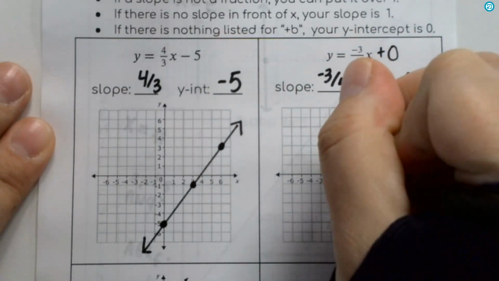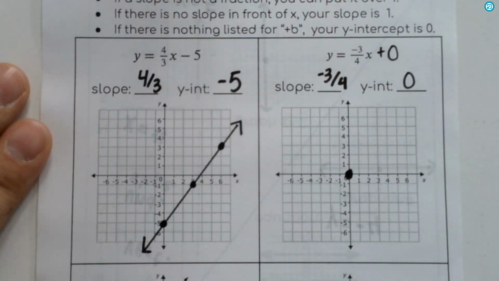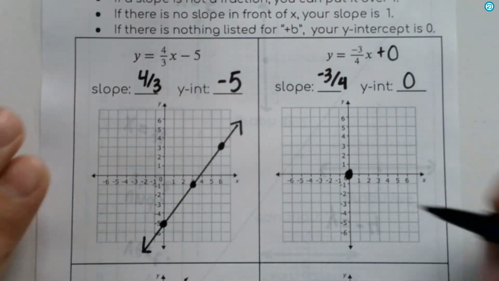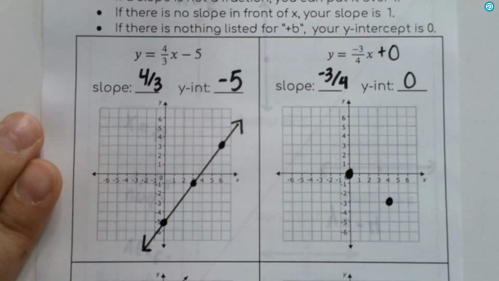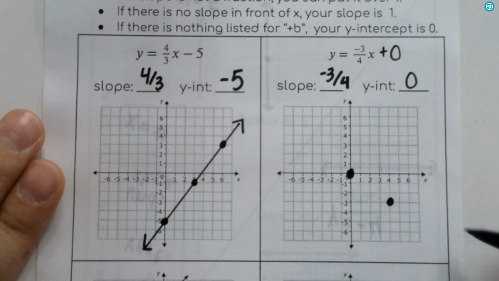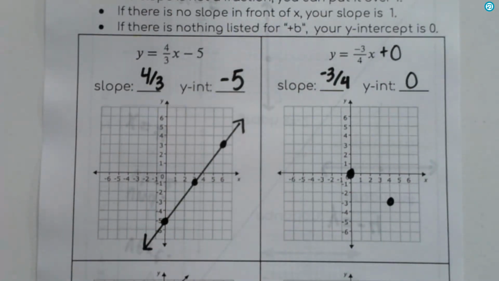So I start at 0 on my y-axis. And then I need to graph a slope of -3/4. So I'm going to go down 3, right 4. And I can't go any further that way, but I always want at least 2 dots.